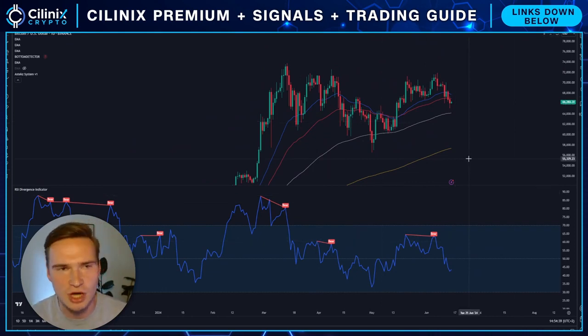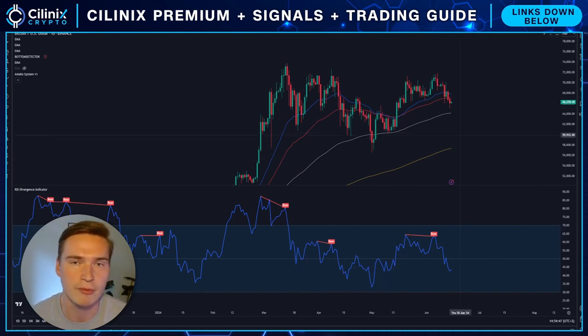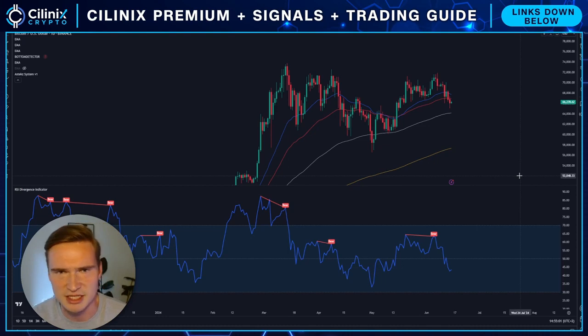You need to use other technicals and other techniques next to this to actually make it work. So for example, if we get a bullish divergence and we just hit a significant support level, or we just hit the 200 EMA, or we just hit a significant trend line, then it is more likely that that bullish divergence actually works.